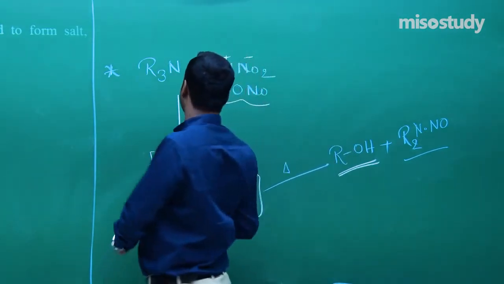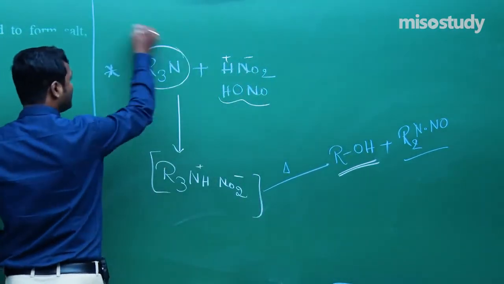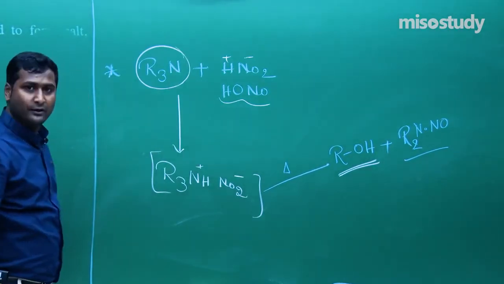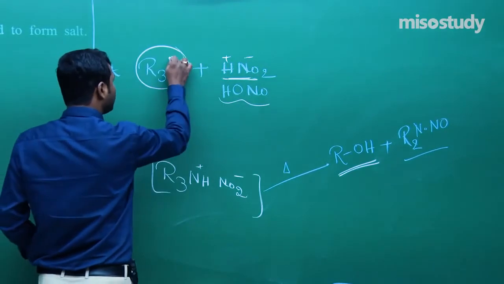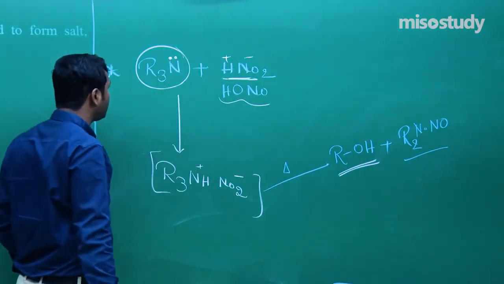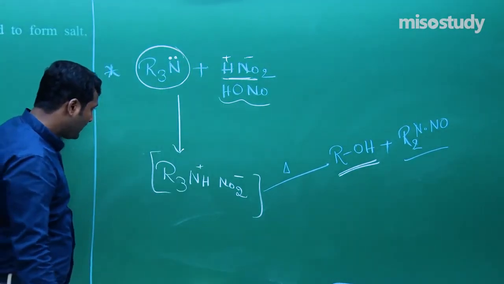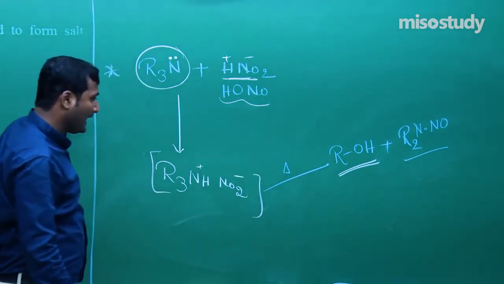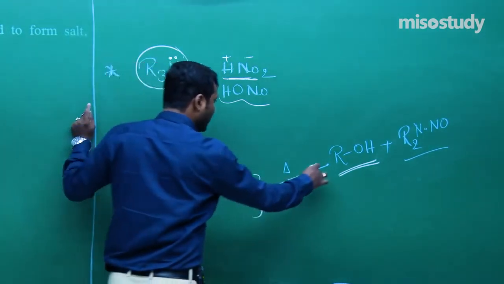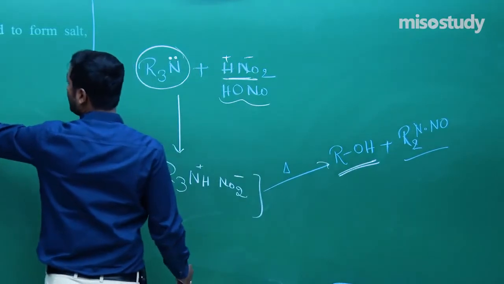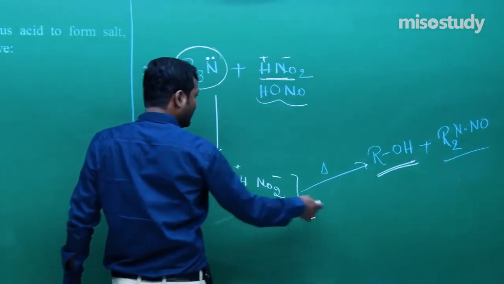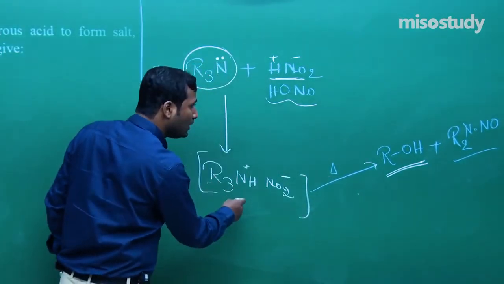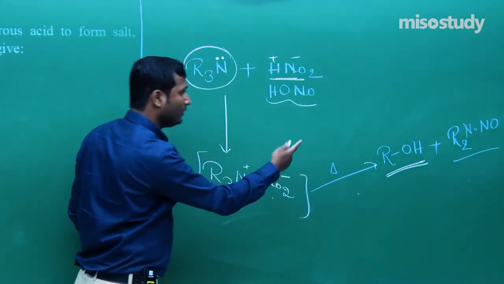Remember this, check what I have given. A tertiary amine on treatment with HNO2 reacts because it contains a lone pair of electrons also. So it forms R3NH plus NO2 minus, which on warming decomposes to ROH and R2N-NO.